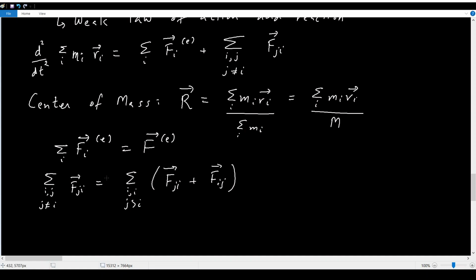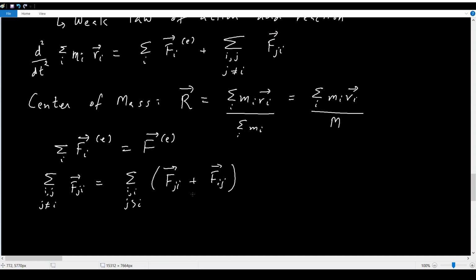And in order to do that, it is not enough for us to say that j does not equal i. Now I'm saying that j is greater than i. So we are summing over fewer numbers. So for each i, j goes from i plus 1, i plus 2, all the way to n. So there's no double counting anymore. And you can try to write this down for a few numbers and see that this works.